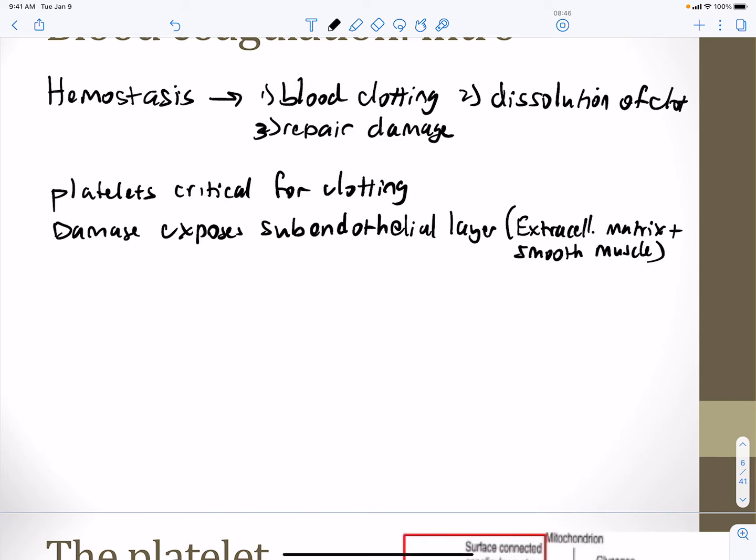And of course, we're talking about a blood vessel here. And so you're going to have to form a barrier; a hemostatic plug or clot will begin to form.